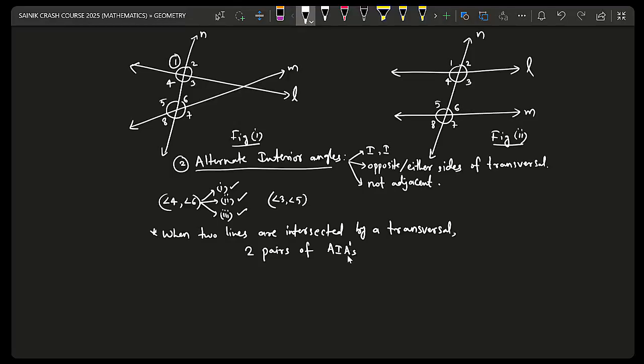What do you mean by AIA? Alternate interior angles are formed. What are they from this figure? 4, 6, 1 pair, 3, 5, 1 pair. Now the important property, what is it? If lines are parallel, we can say that alternate interior angles are equal.